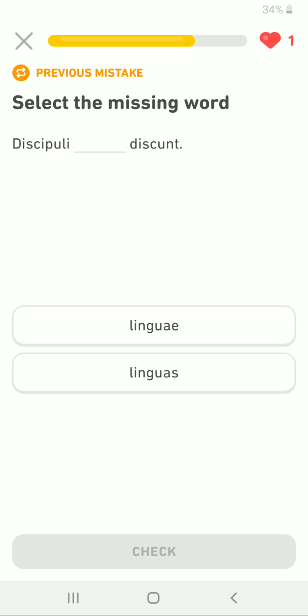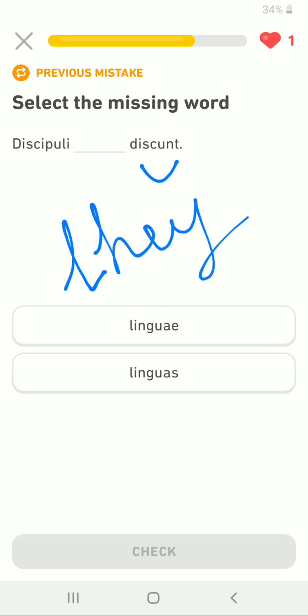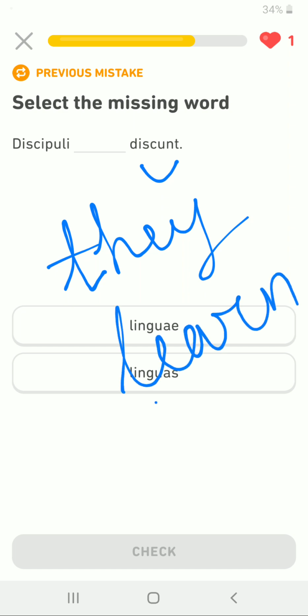We had many in this lesson. So discunt is they, and it's they learn. So that would be the right verb here. That's the verb.